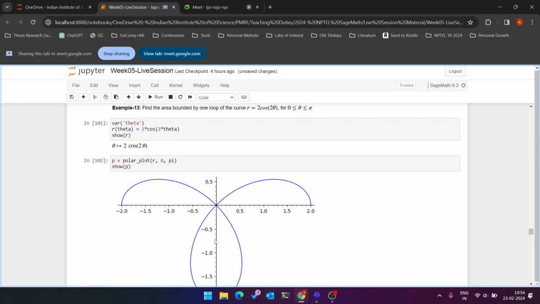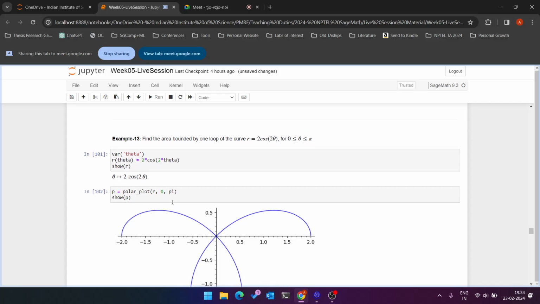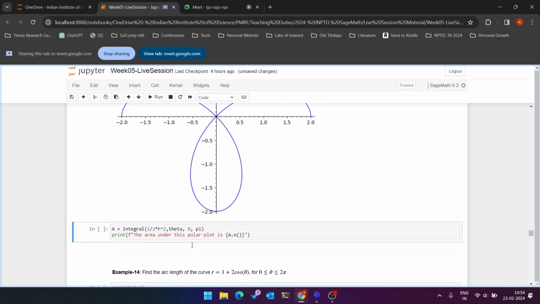As we have seen already, the area in polar coordinates is basically the integral over r dr d theta, varying for r as well as theta. If we integrate it with respect to r, it basically becomes half of r square d theta.